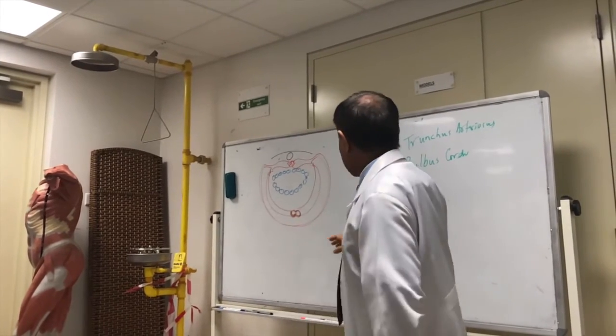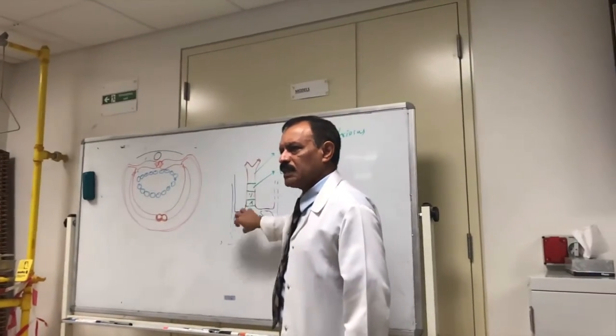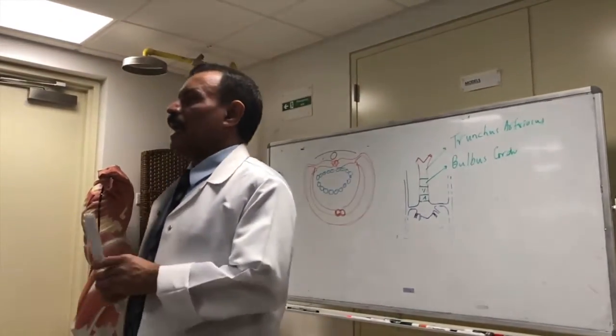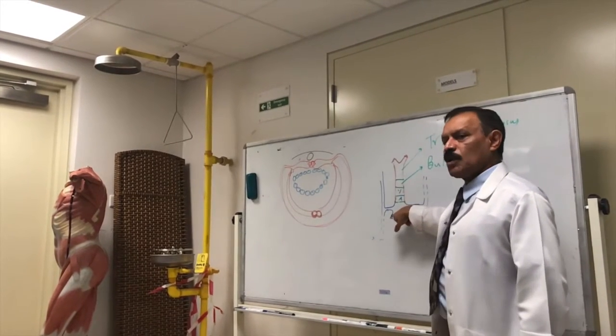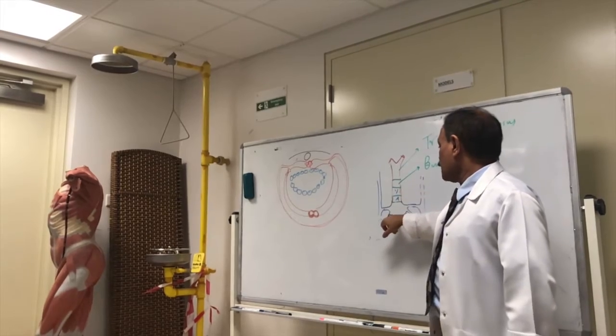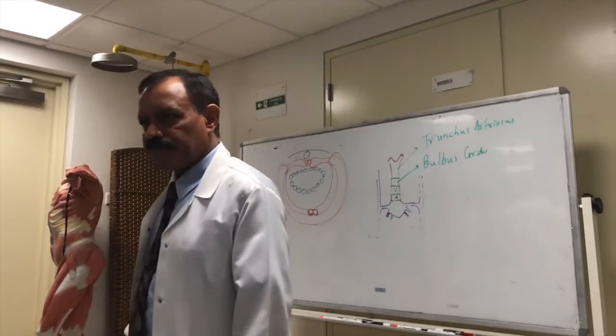So let's recapitulate one more time. You have the sinus venosus at the bottom, and this sinus venosus is associated with three kinds of veins on either side, left and right: the common cardinal vein on the right, the left common cardinal vein on the left, and then the other two, the vitelline vein and the umbilical vein.